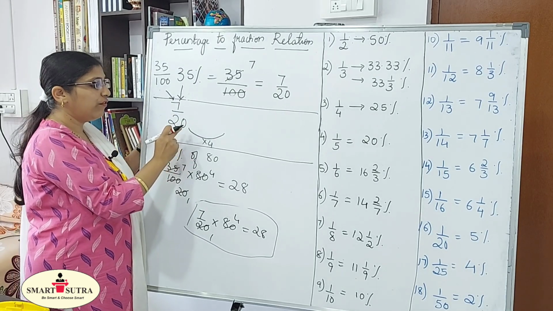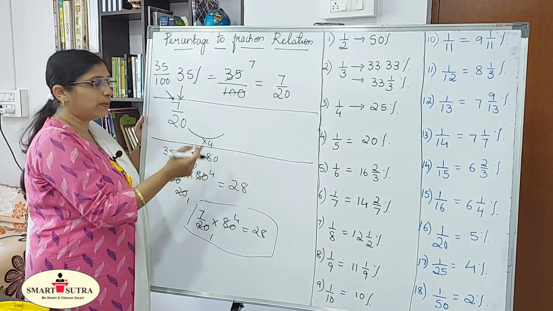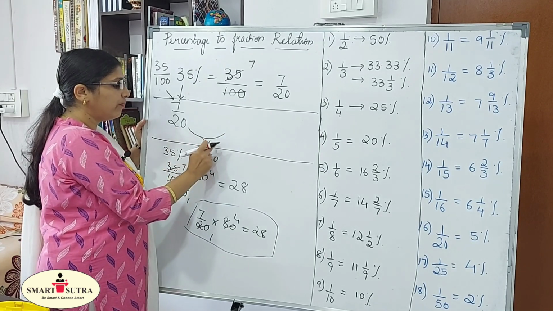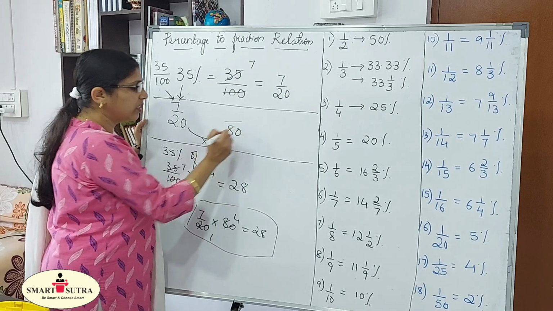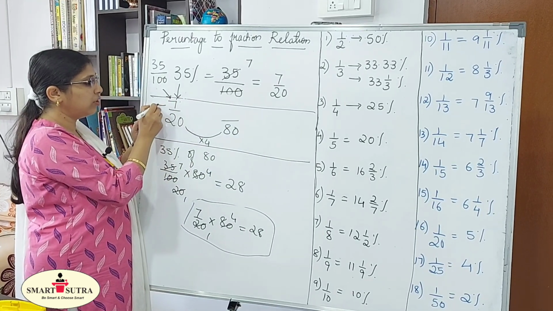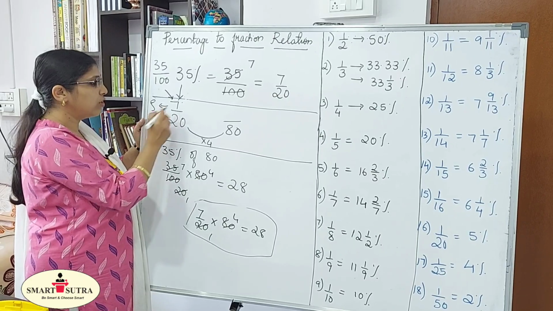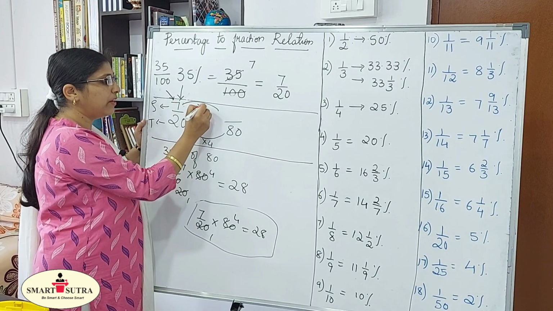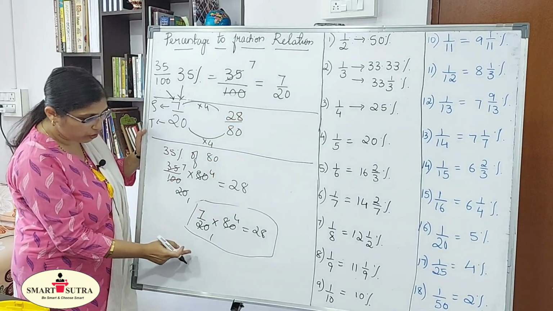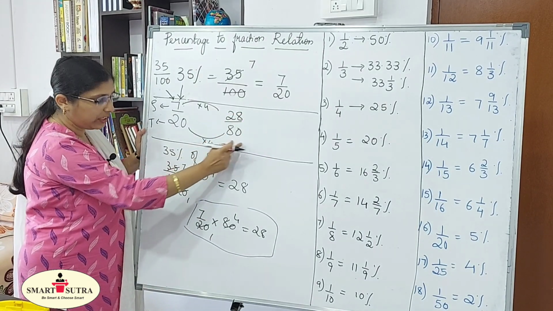If the paper is increased by 4 times, then the total marks increase: 20 4s are 80. The scored marks also get multiplied by 4, that is 7 4s are 28. This is what we got here, 28 out of 80.